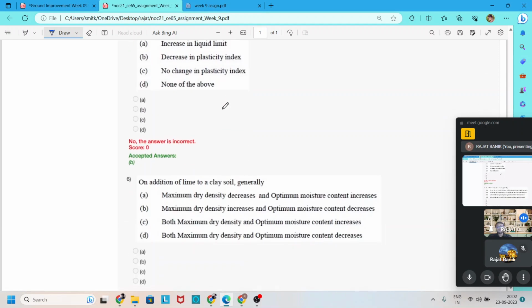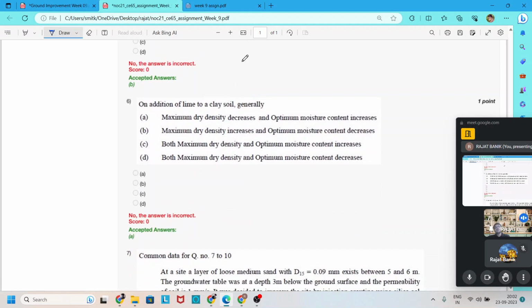Question 6 asks, on addition of lime to a clay soil, generally, option A says maximum dry density decreases and optimum moisture content increases, which is correct. Maximum dry density increases and optimum moisture content decreases is wrong.